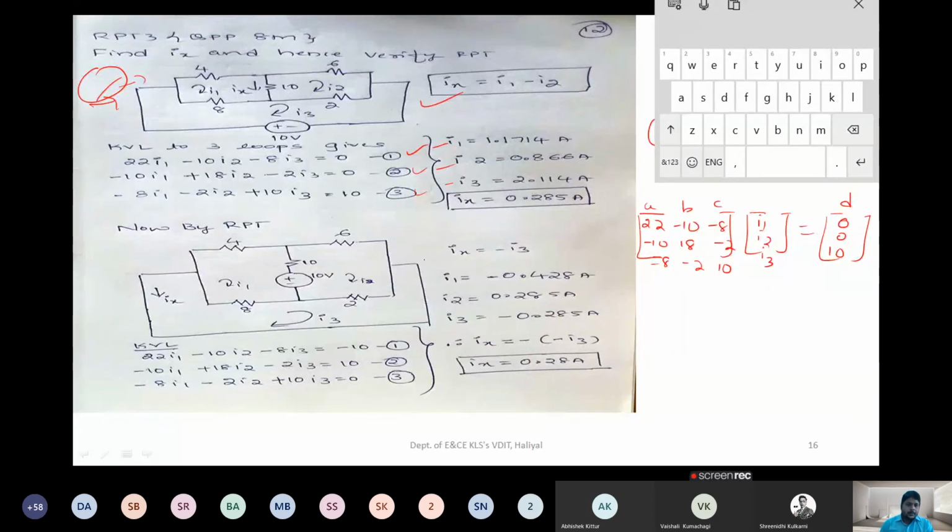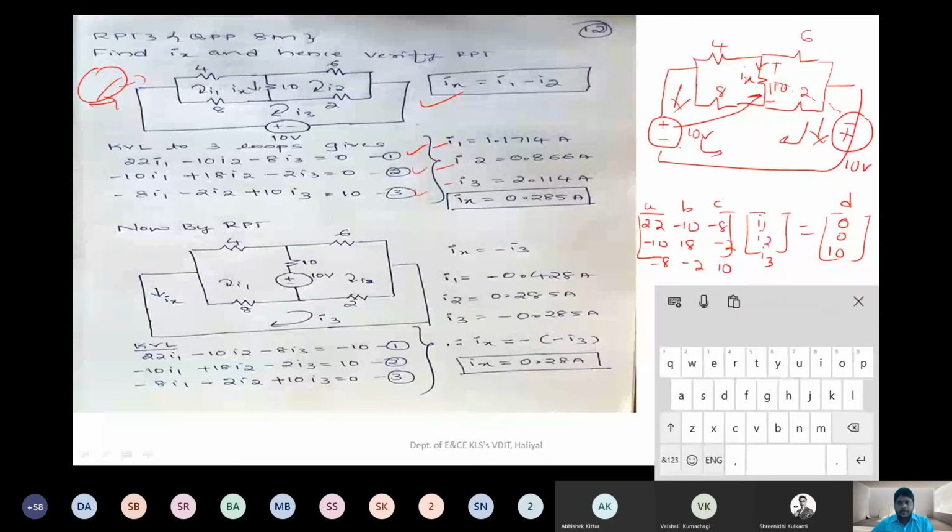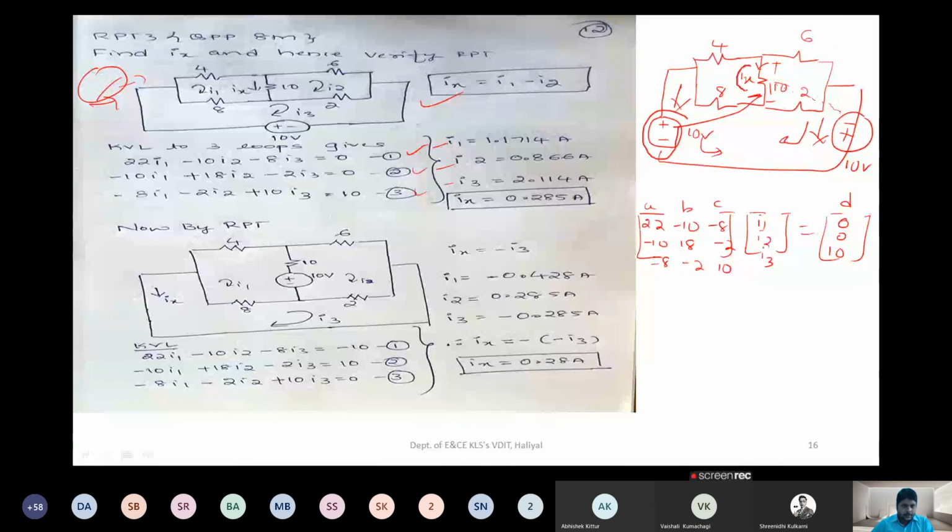So now I will apply the reciprocity theorem according to this convention, the first convention that I told. I have just assumed that this voltage source, I have taken it here.